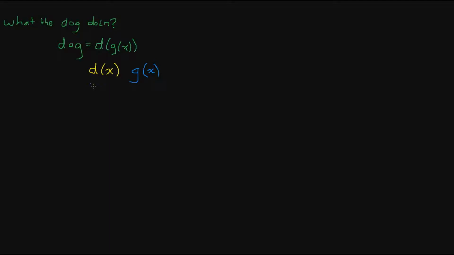So the derivative of what the dog uses to do what it needs to do is the number of legs that it has at its disposal, which we can assume to be 4. So d prime, and that's just the derivative, d prime of x is going to equal 4.